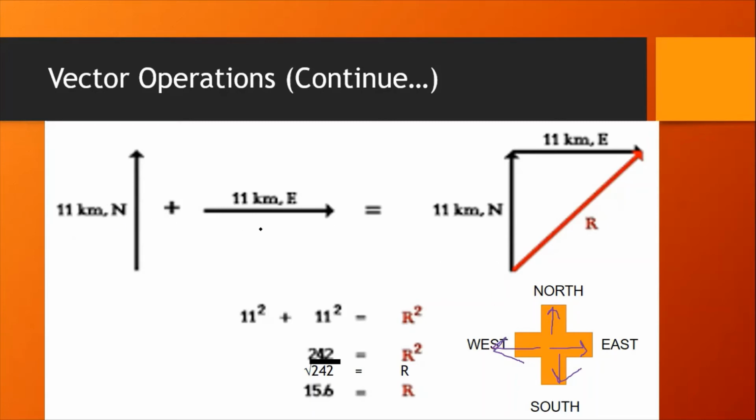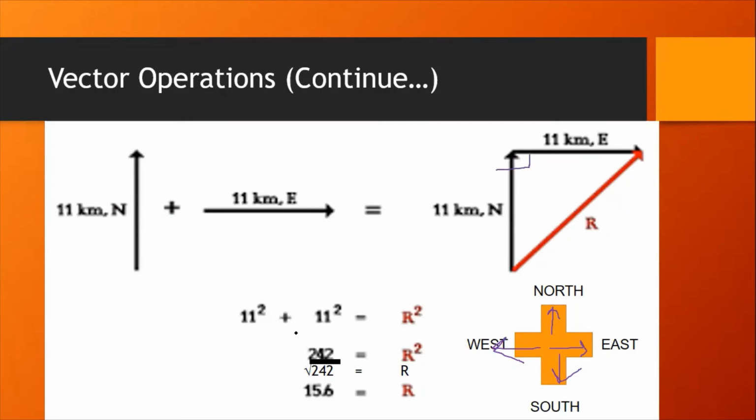So when we add both, what will happen? 11 kilometers east here, and this one is the 11 kilometers north here. So tail to head, and for the resultant, tail to tail and head to head. We have to find its resultant by the Pythagoras theorem.